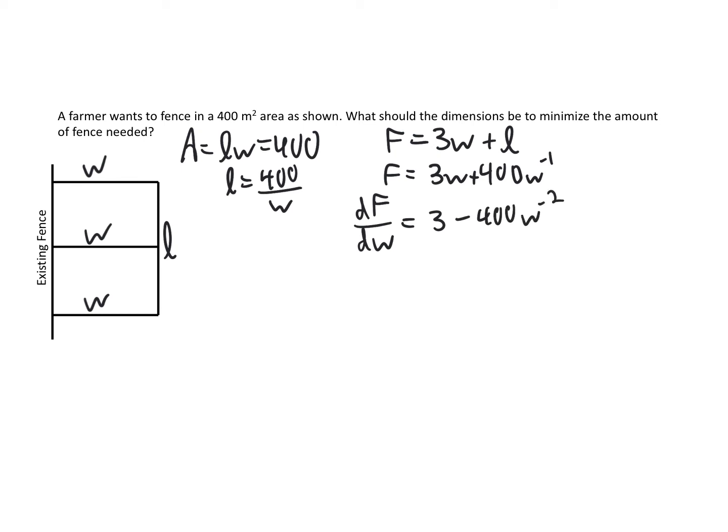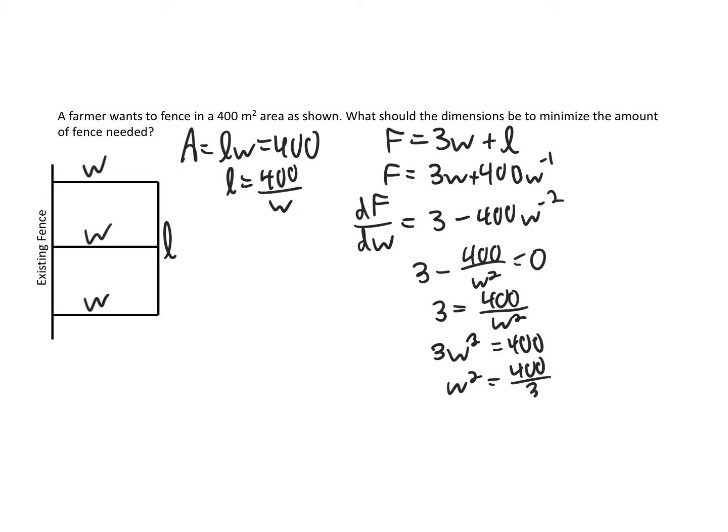Now for optimization, we always set our derivative to 0 and solve. And we get a W of plus or minus 11.55. But the negative doesn't make sense, so we're going to rule out the negative and only worry about the positive.